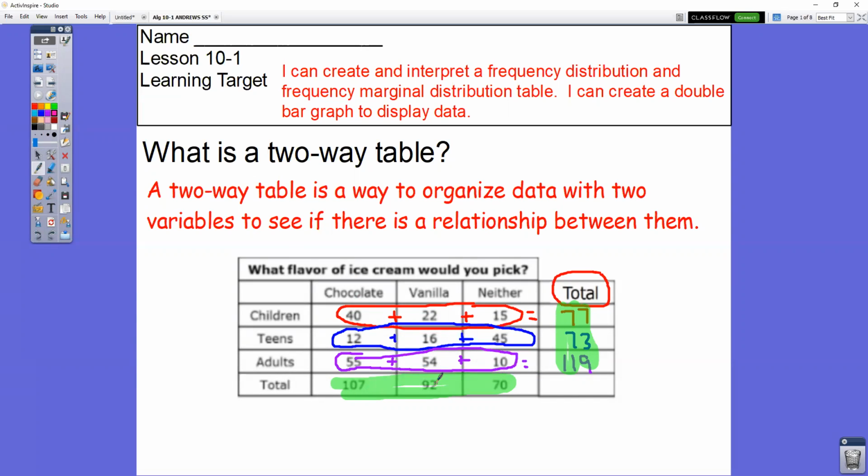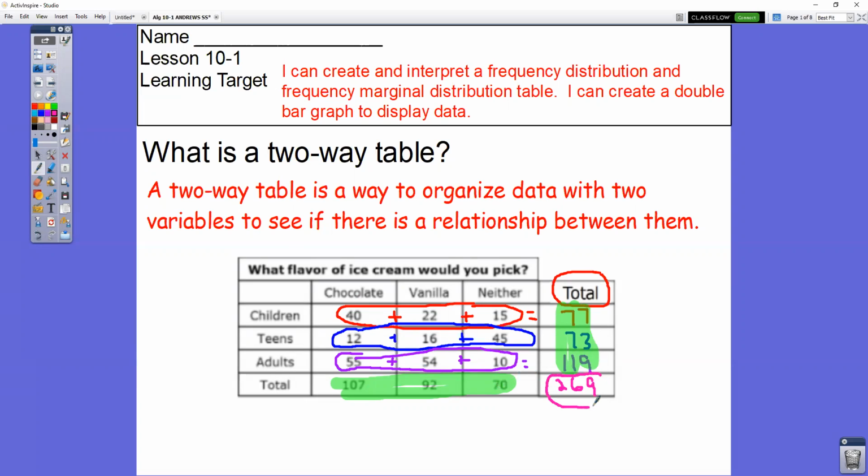So 107 plus 92 plus 70 equals 269. That is the same thing and should always be the same thing as your totals going down. 77 plus 73 plus 119 also gives you 269.